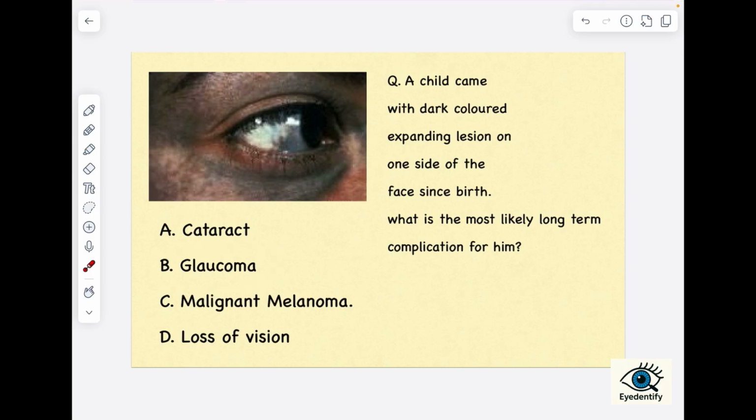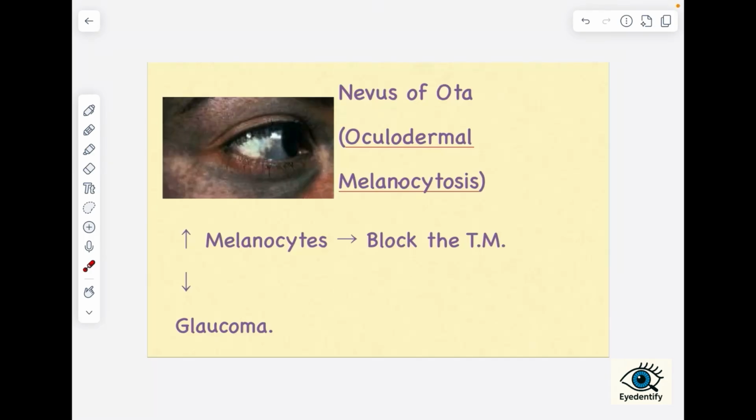Why? First, we should know what this condition is. This is called nevus of Ota, also called oculodermal melanocytosis, where the skin and conjunctiva of one side have increased melanocyte production, causing deep dark colored patches on the skin and conjunctiva. Increased melanocytes will block the trabecular meshwork.